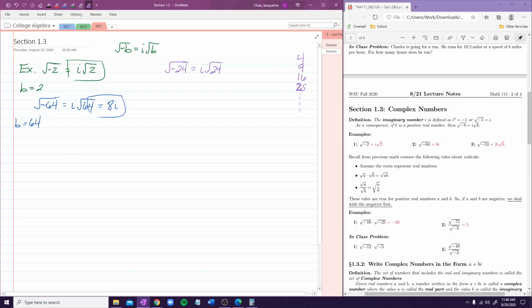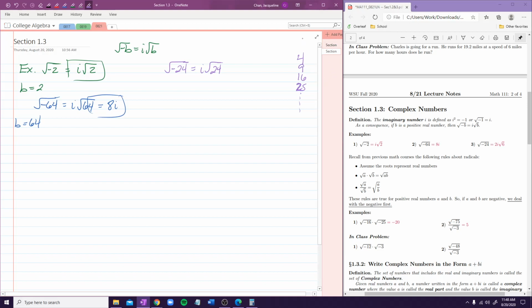Right? So it's not going to be 25 because 25 is greater than 24, but then we look at 16. And I'm going to ask myself, does 16 go into 24 perfectly? It doesn't, because if I divide 24 by 16, I get a remainder of 8.